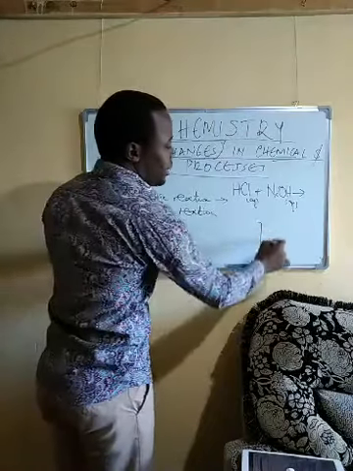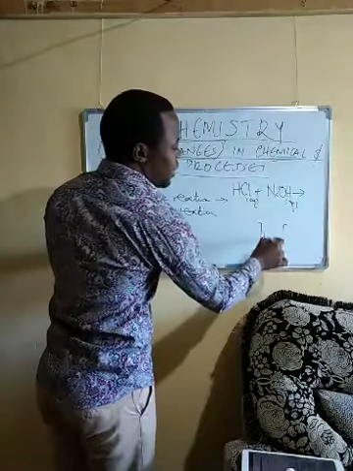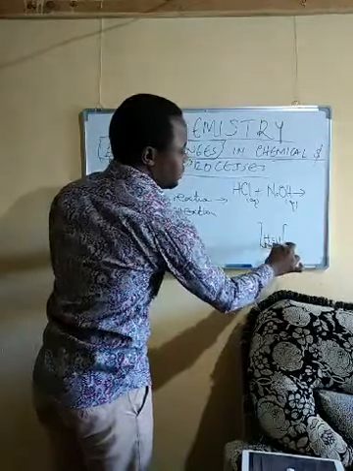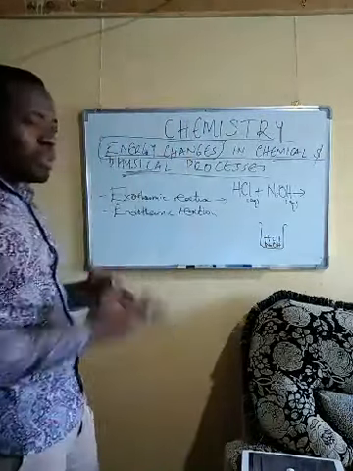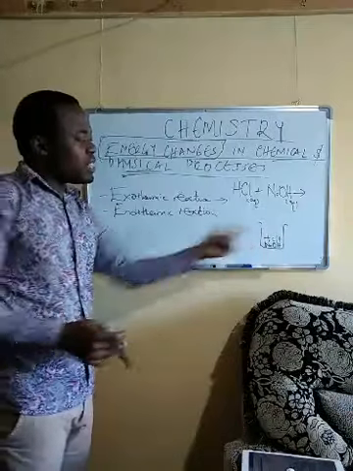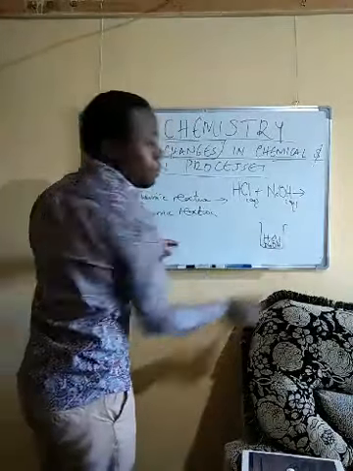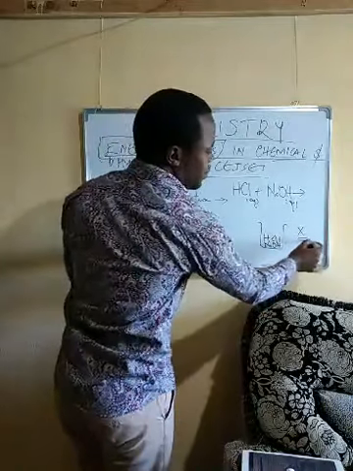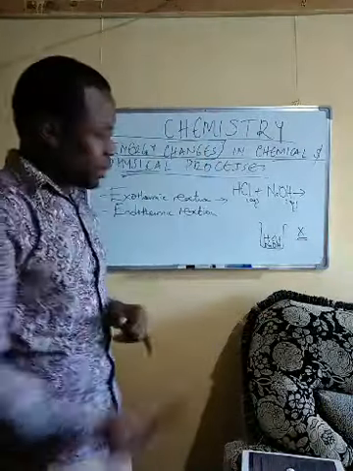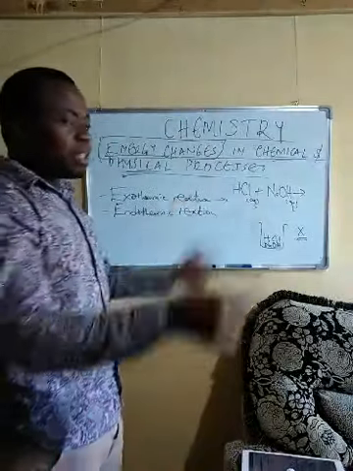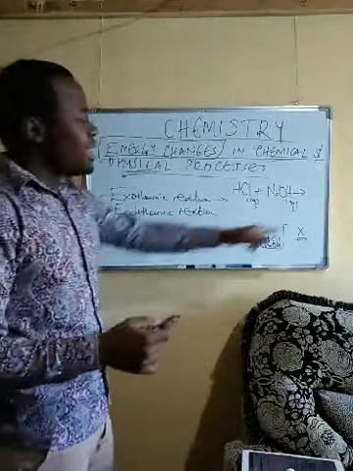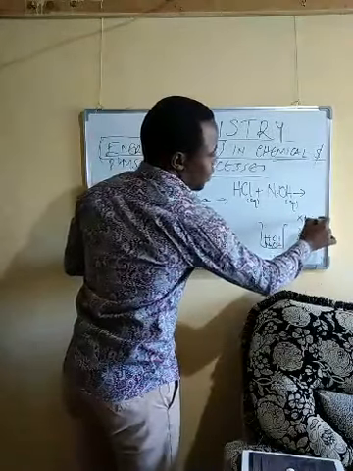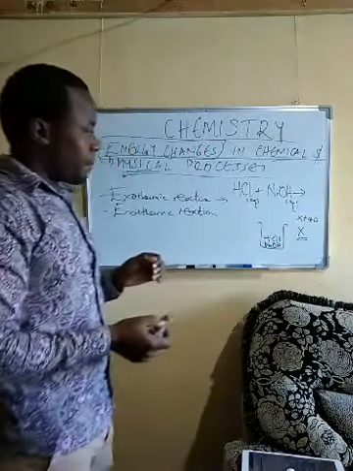This is what I'm talking about. You have a beaker here, and you have HCl, then you add NaOH. The amount of energy in this mixture was X joules. But as the reaction takes place, the energy rises from X to X plus 40 joules.